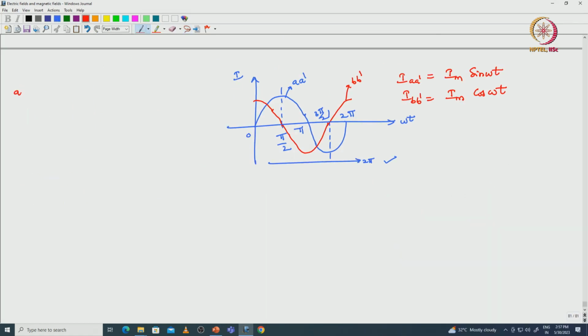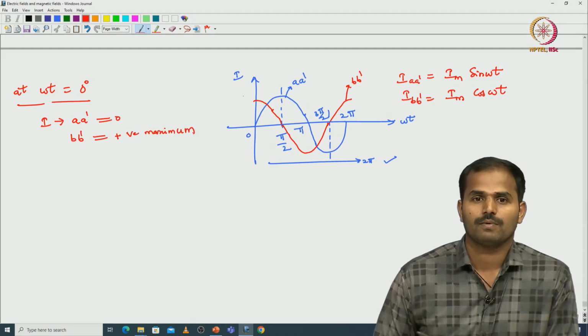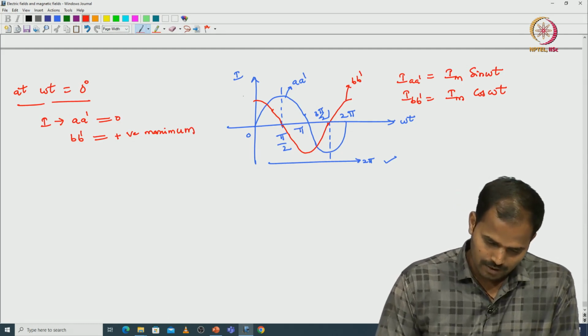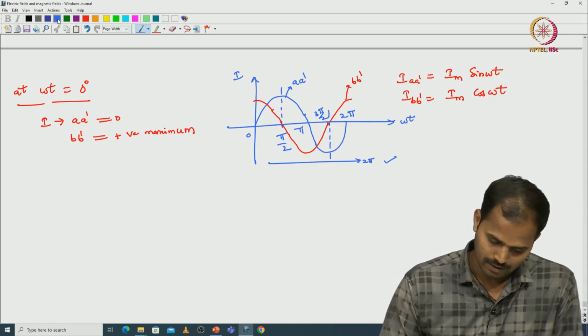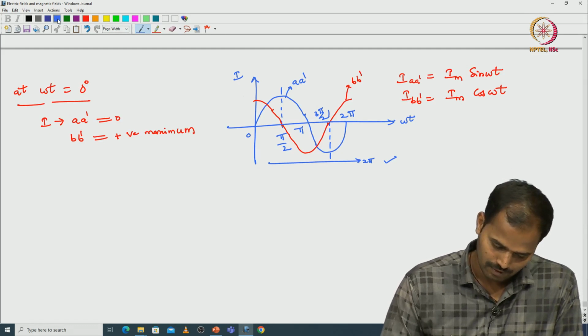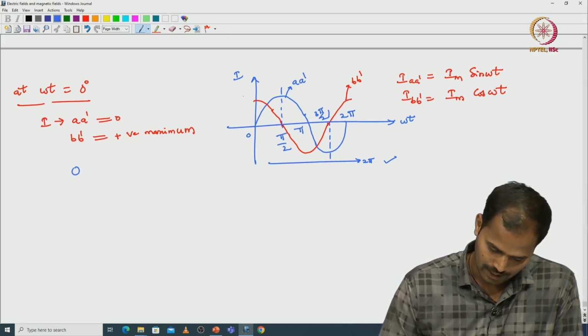First I will consider omega t equals 0 degrees. Here the current in the A dash coil is 0, but in the B dash coil it is positive and maximum. So we will analyze the resultant flux vector.